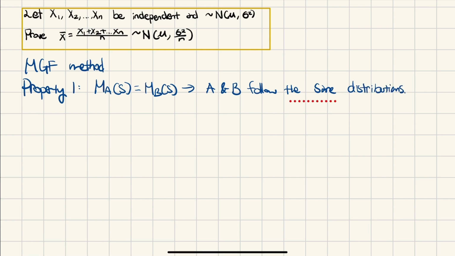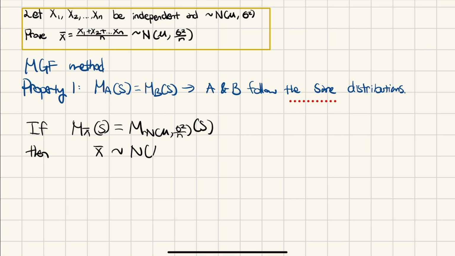Once we've established that, it suffices to prove that if the moment generating function of x mean equals the moment generating function of a random variable following a normal distribution with a mean of mu and a variance of sigma squared over n, then x mean would also follow this particular normal distribution.